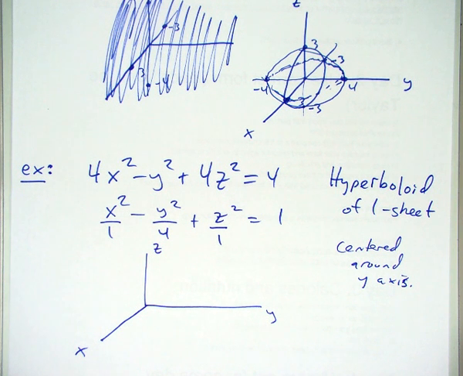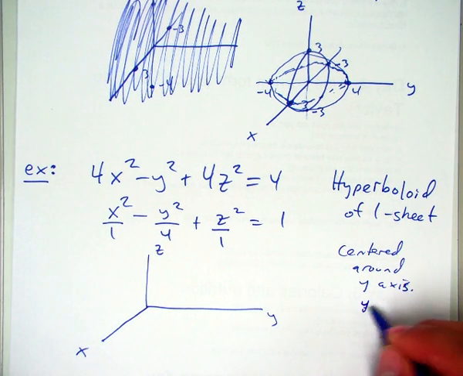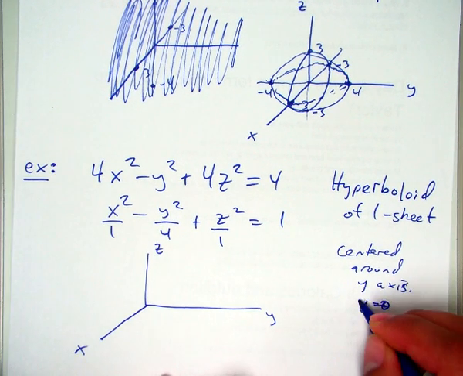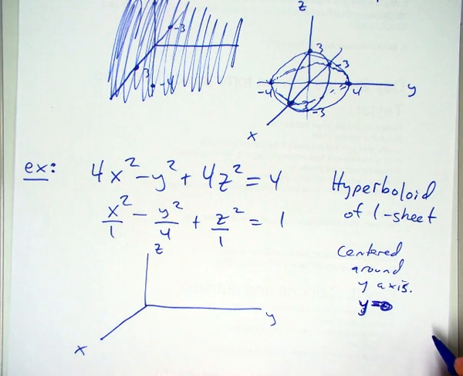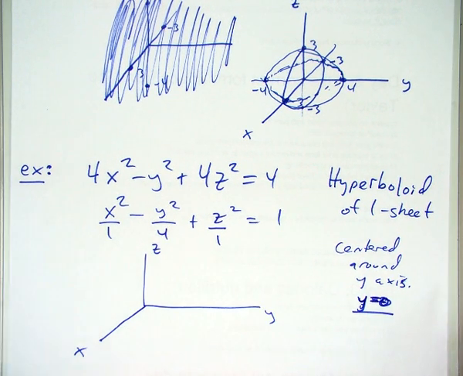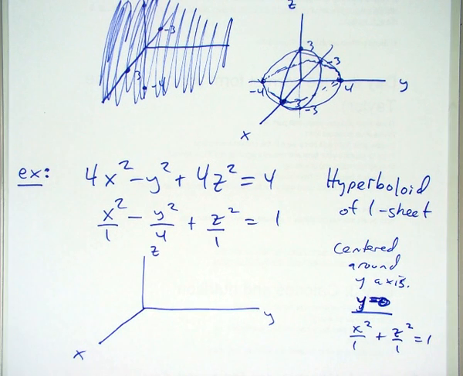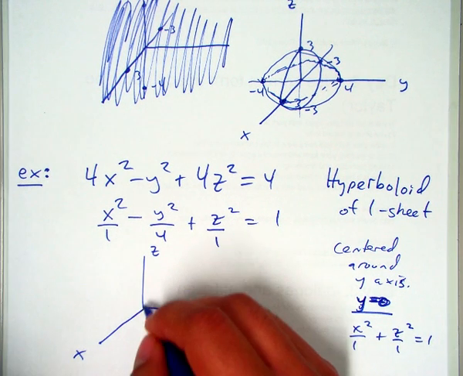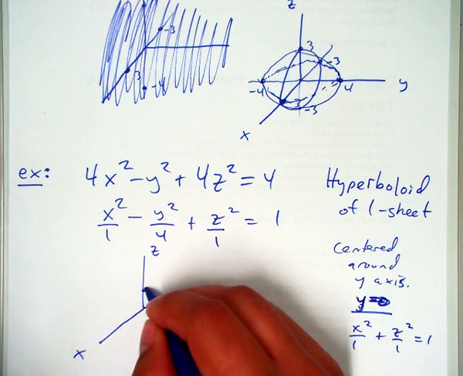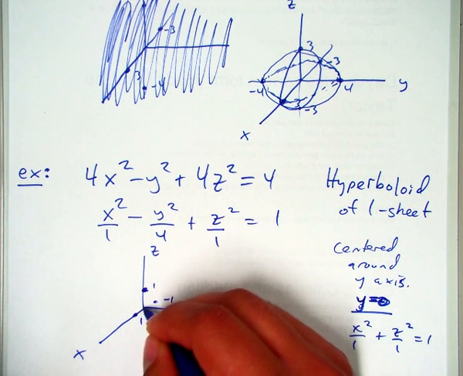Okay, so if you make y equal to 0, you get an ellipse on the xz plane, right? Actually it's a circle this time, just a unit circle. So you could just draw x and z intercepts at 1, negative 1.